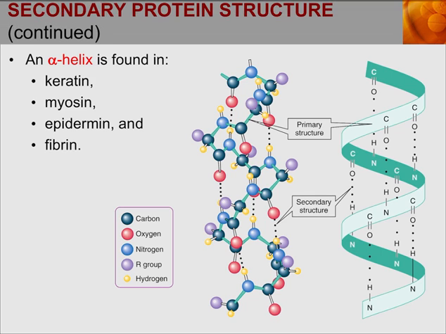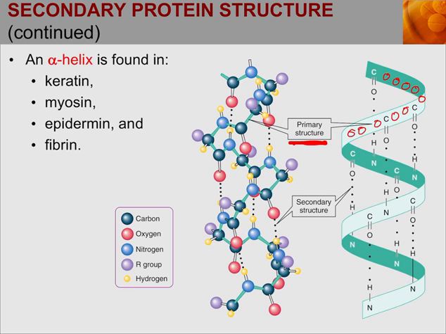All right, so this is an alpha helix shown on the right. And alpha helices are found in a lot of proteins. Some of those proteins are listed here, like keratin, myosin, epidermin, and fibrin. Most of these are structural proteins, but again, notice that we've got our primary structure, which is just the order of amino acids going down the chain.